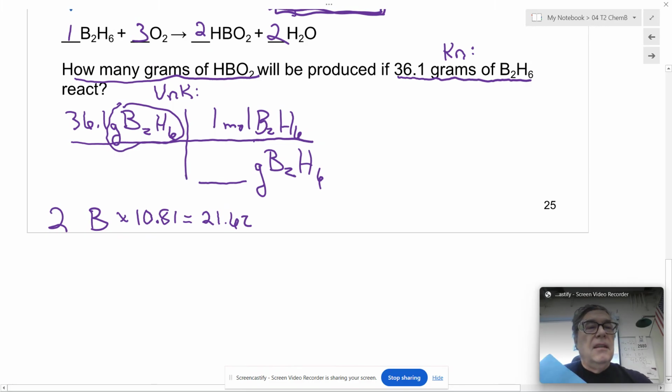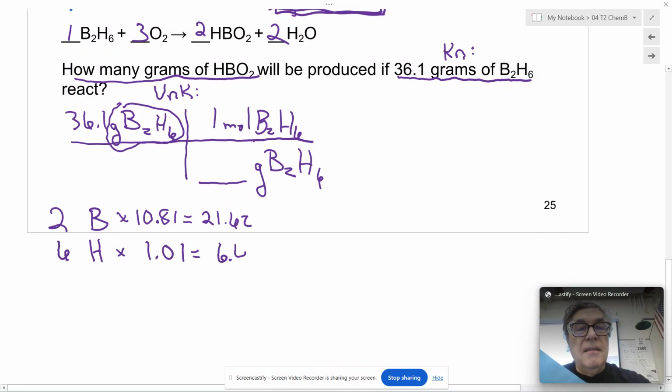Thank you. Okay. We also need to add the mass of the 6 hydrogens that are in the compound. Each hydrogen, we look that up on our periodic table. Each hydrogen is 1.01. 6 times that is 6.06.